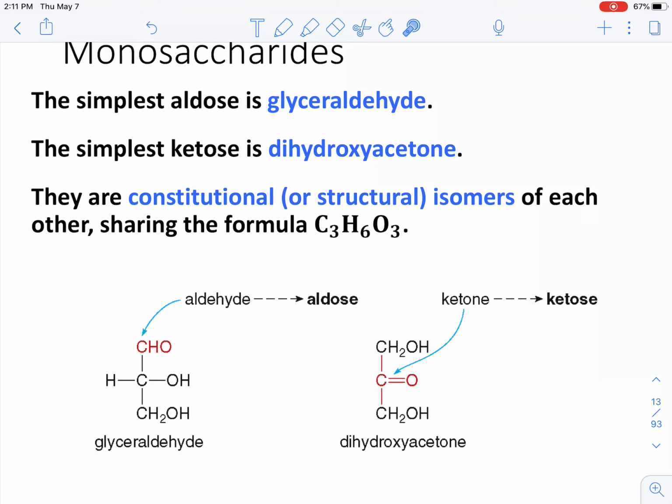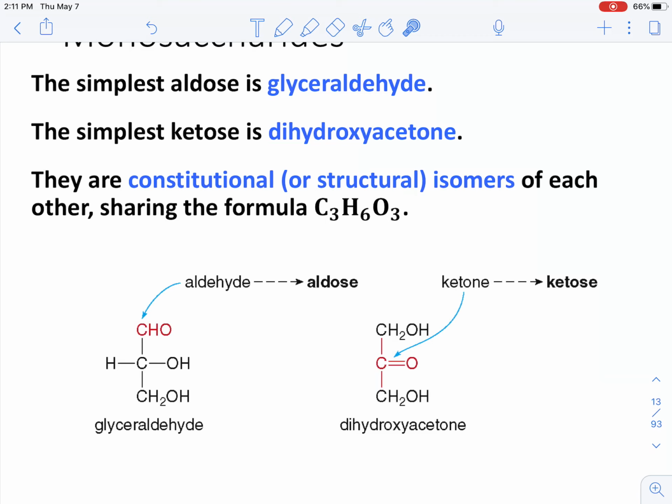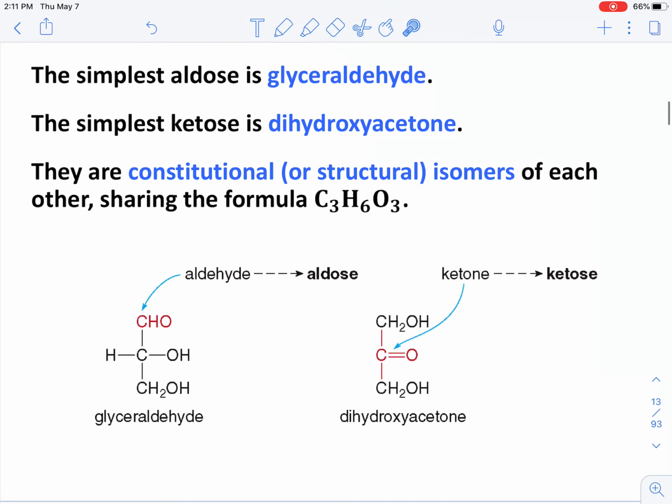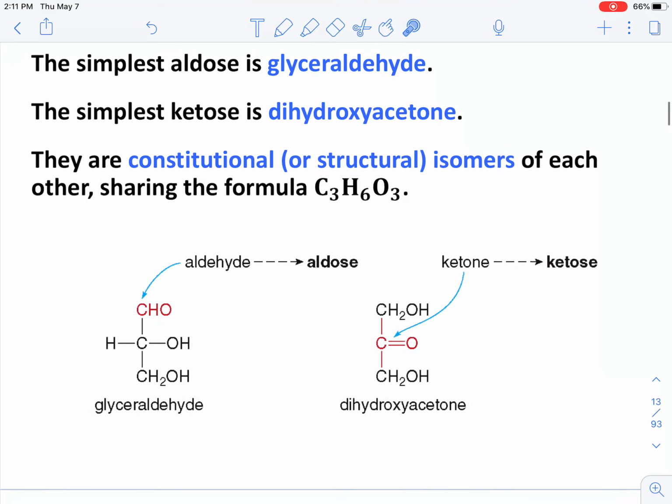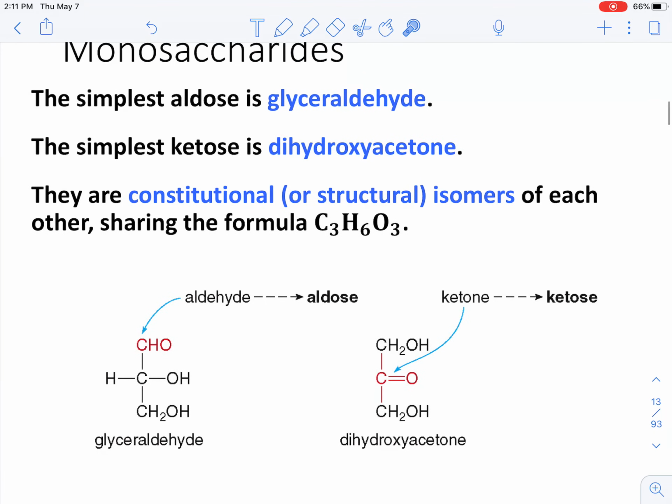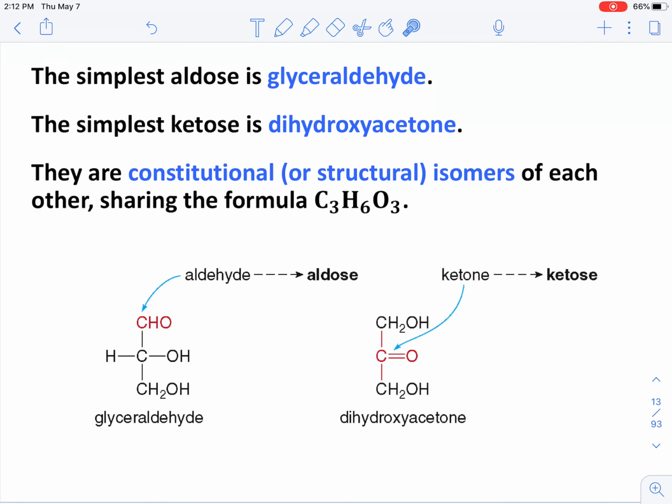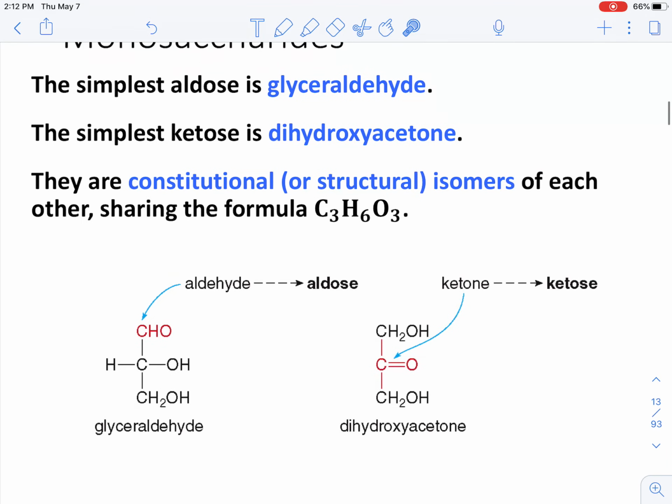If you recall from a previous chapter, constitutional structural isomers have the same chemical formula, but how the elements are structurally arranged is completely different. Here we see the idea of structural isomers producing two different organic compounds with different chemistry and different physical properties.